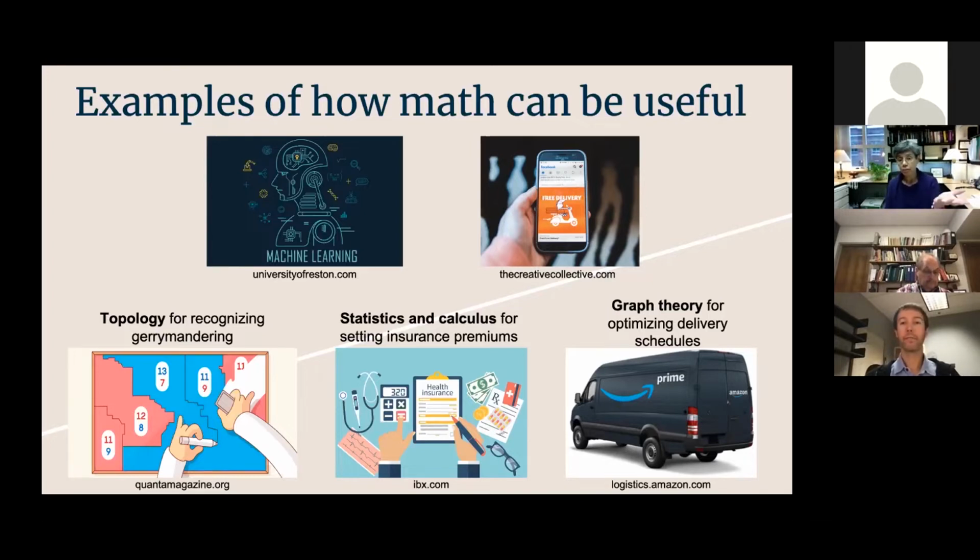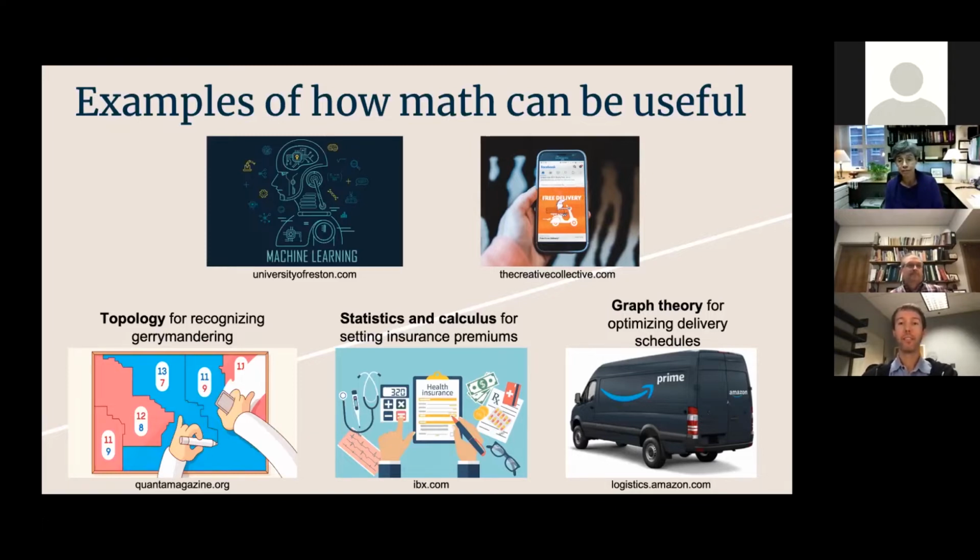Here, we mentioned just a few: topology, statistics, graph theory. Topology can be used for recognizing gerrymandering. For example, I taught this course last spring, and students chose to work on robotics and guided automated vehicles. I think what's happening here in town was also motivated by that, but they worked on projects like that.